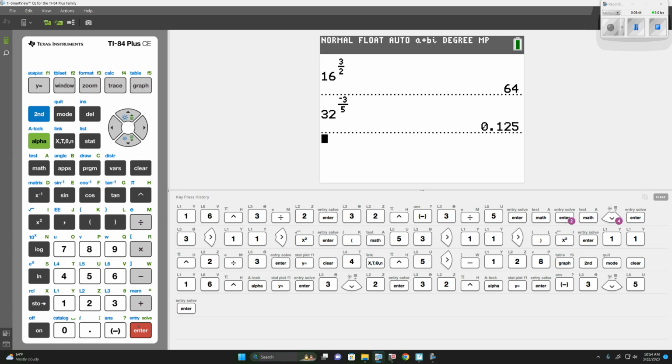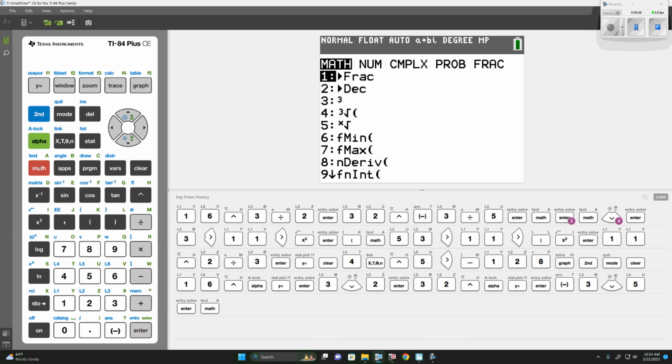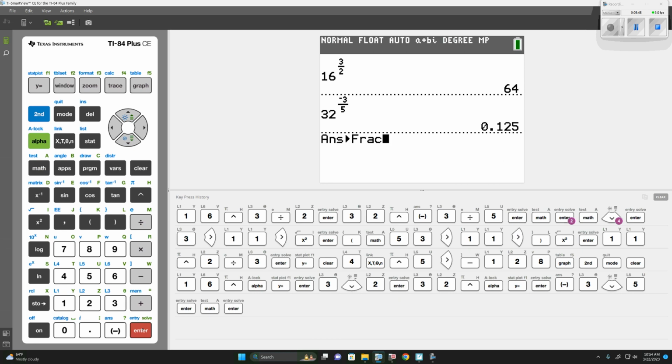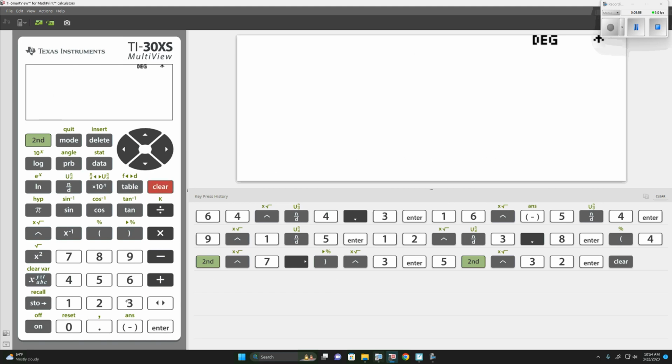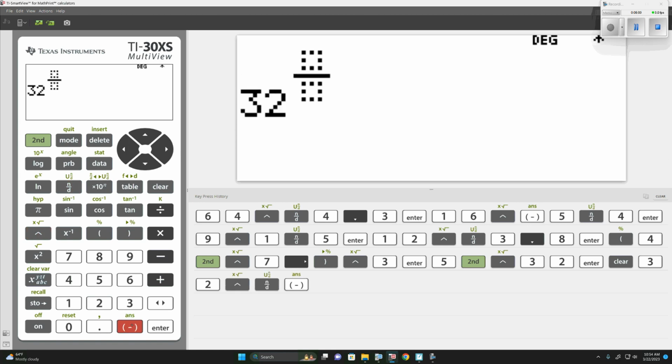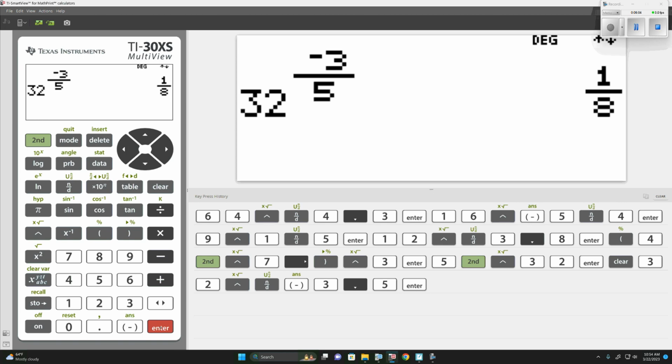This time we do get a decimal, but in the graphing calculator, if we hit math and then enter, it'll turn it from a decimal to a fraction. So we can do 32 to the negative 3/5, and it'll tell us that it's 1/8. It'll convert it straight to a fraction for us.